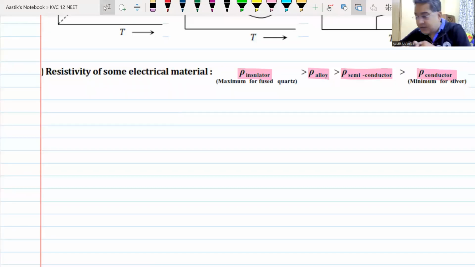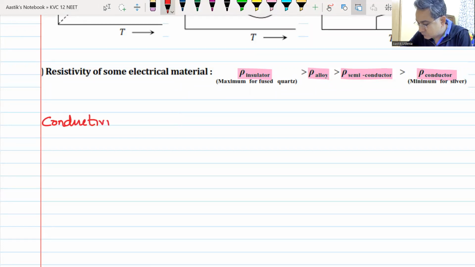Yes, sir. Now, last thing that you can write is conductivity. We have seen resistivity. We can now understand conductivity, written as sigma. What is conductivity?